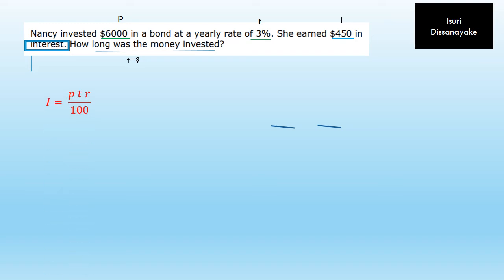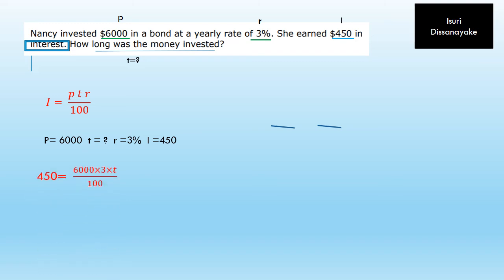Let's write the formula. I equals PTR over 100. P equals 6,000. T equals what you have to find. R equals 3%, and the interest equals 450.